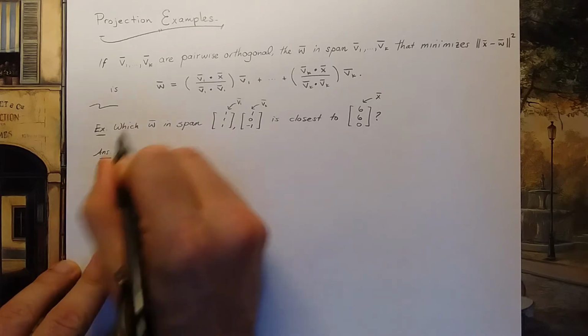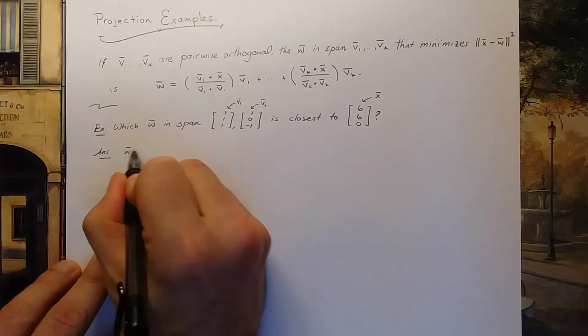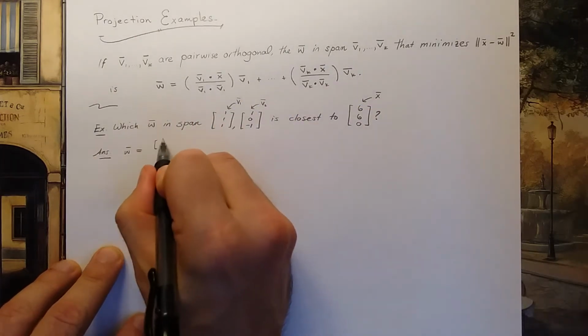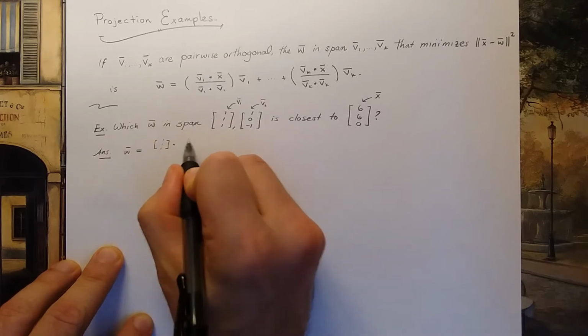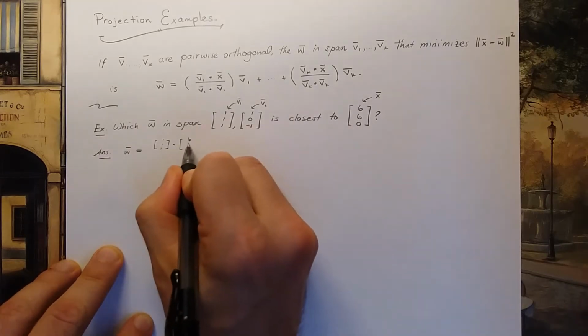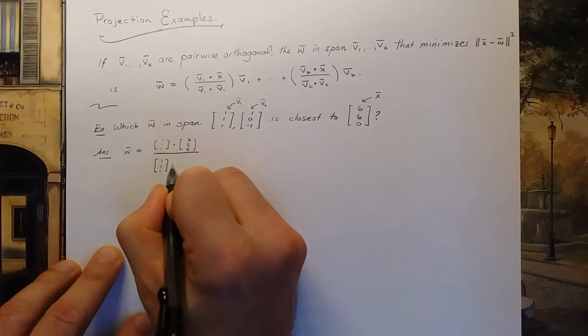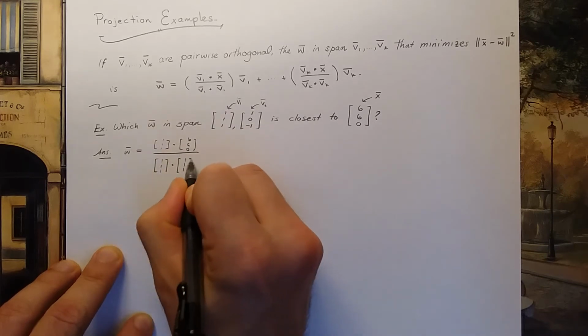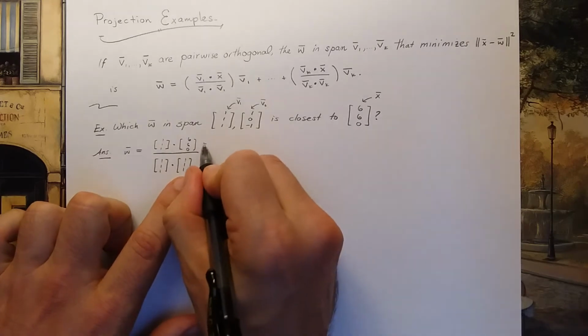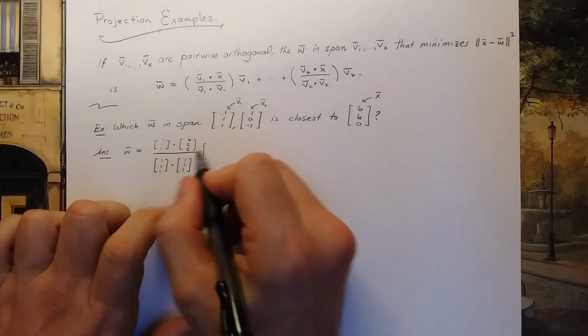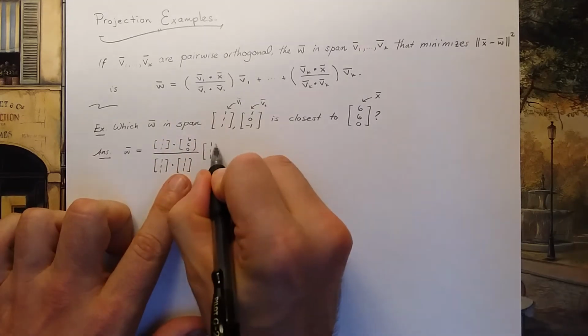I could just use this fact. The vector w is the vector 1, 1, 1 dotted with my vector x, 6, 6, 0, divided by the dot product of 1, 1, 1 with itself. All that, this is a constant. All that is going to be times 1, 1, 1.